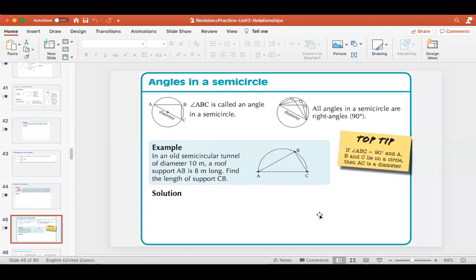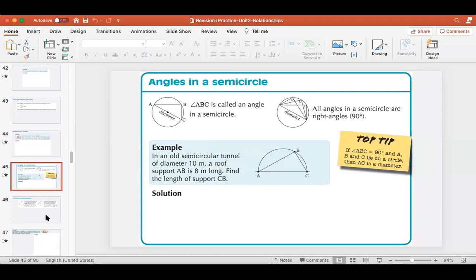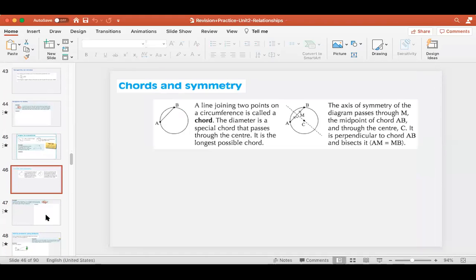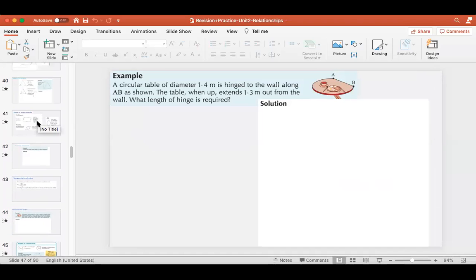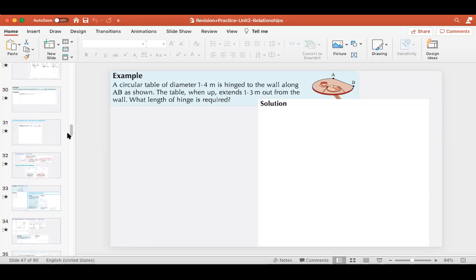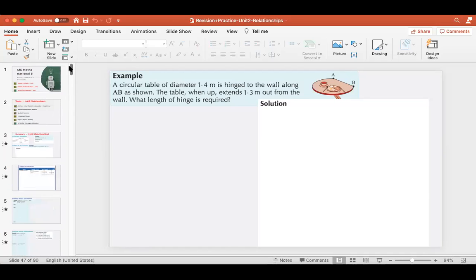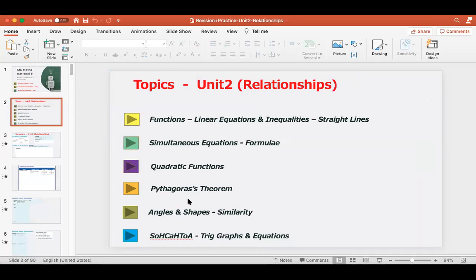So if I was to go back, you could see that one topic is probably about 10 different slides, but bear in mind there are a few examples associated with them, so that gives you the chance to practice the type of question. So that's the first part, for you to be able to navigate through and click on what you need to work on.